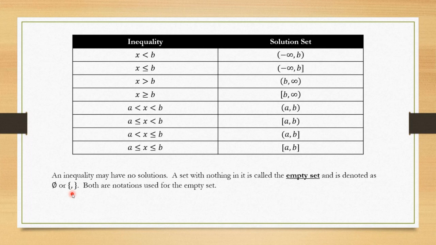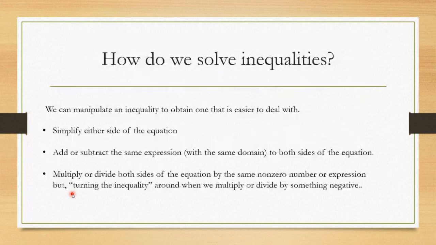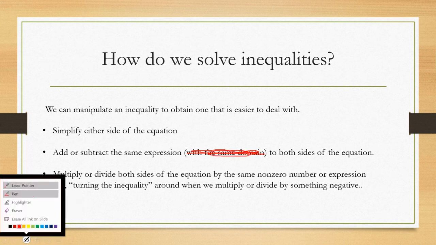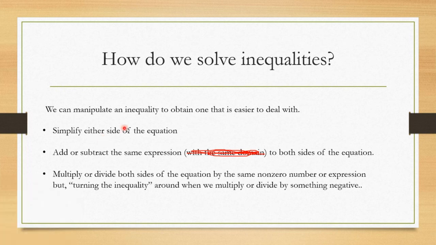Well, it's the same thing with inequalities. Namely, there's only certain manipulations we can do to solve an inequality. What I'm crossing out is technically true, but it's not going to be an issue for us. Basically, you can simplify either side. You can add or subtract the same expression to both sides.